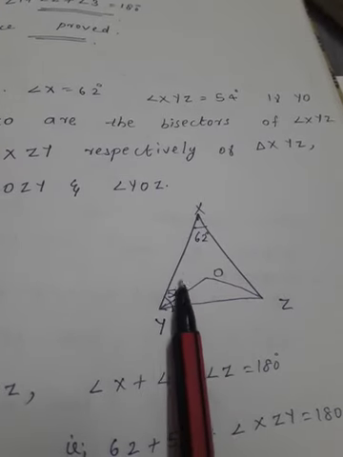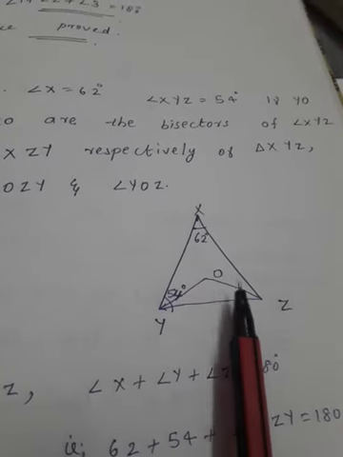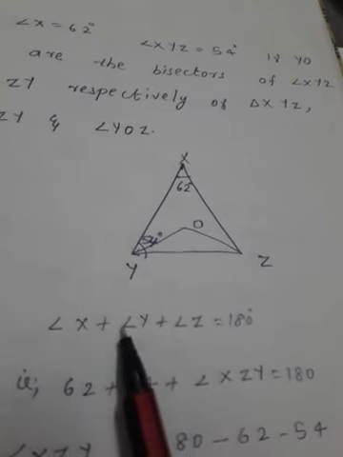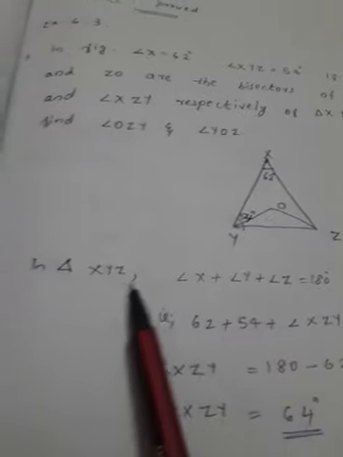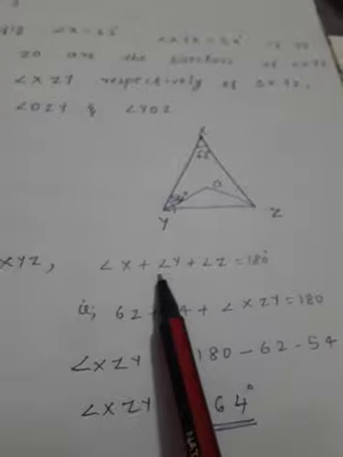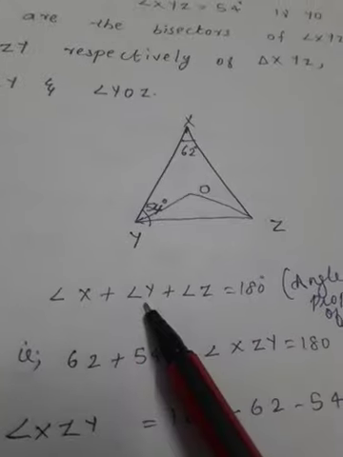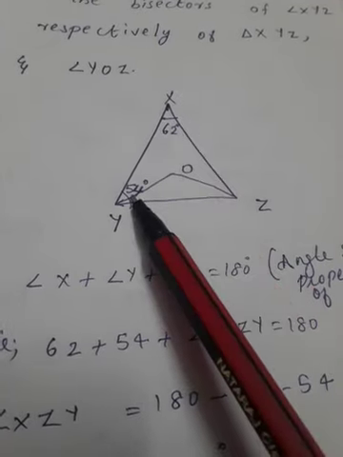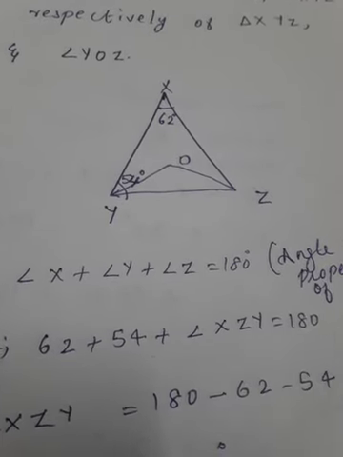Okay. So for that, first we consider the angle sum property of a triangle. So 62 plus 54 plus this whole angle Z will be equal to 180 degrees. In triangle XYZ, by the angle sum property of a triangle, we know X plus Y plus Z equals 180 degrees. Then we can substitute the values of X and Y as 62 plus 54 plus Z equals 180.